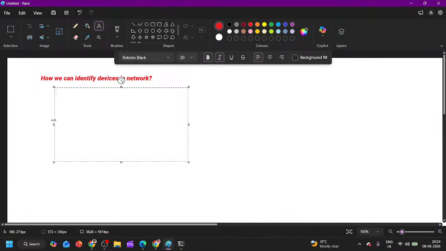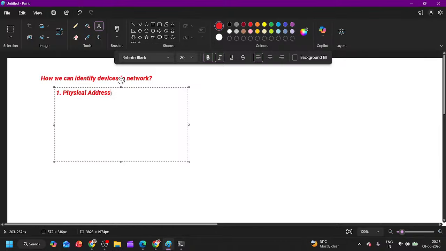So one thing is the private IP address, and the second thing is the MAC address. Actually, the first thing is the MAC address, which is your physical address. We saw one important use case of MAC address in the last class: a switch, a layer 2 device, forwards traffic based on MAC address only, if you remember.